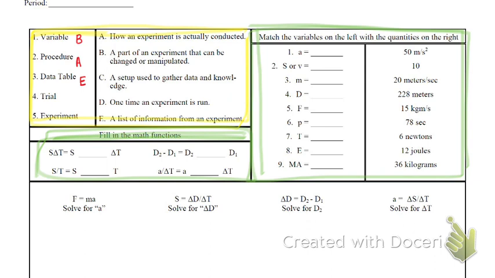A trial: when you run an experiment. And then an experiment: how you actually gather data. All right. Those two, I'll just grade.